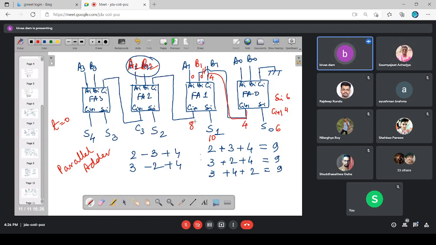Then what about S2? 8 plus 6, 14 nanoseconds. What about C3? C3 will be 12 nanoseconds. And S3 will be 18, and this is 16.